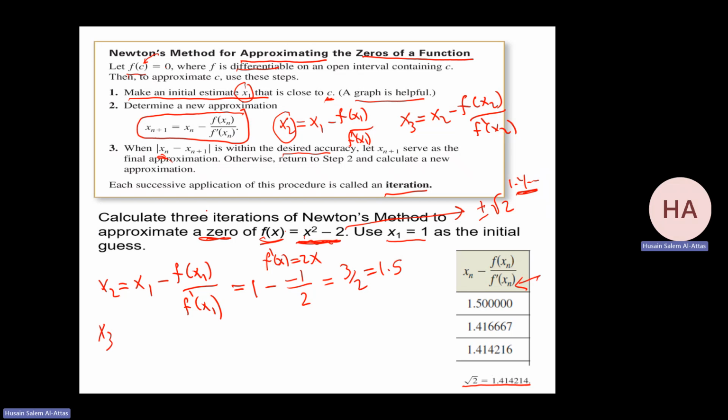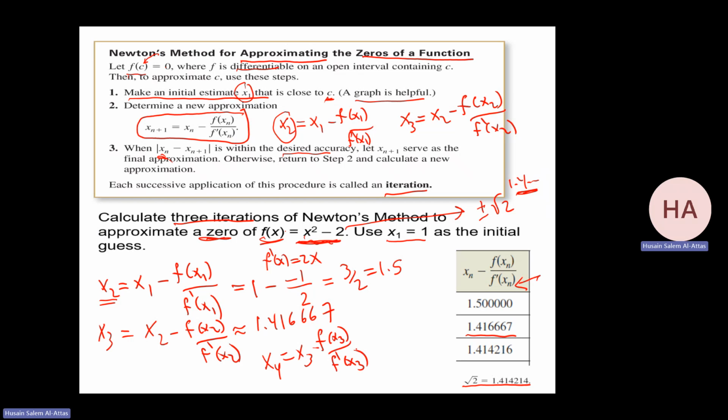x3. He said 3 iterations, so this is the first one. I get x3 as x2 minus f of x2 over f prime of x2. Very clear, I need a calculator to do that. If we do the calculation, we get 1.416667. Then x4 is x3 minus f of x3 over f prime of x3.